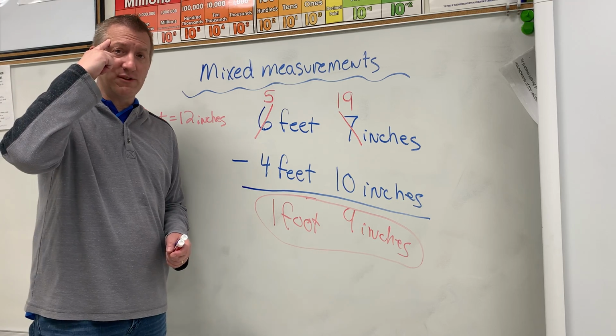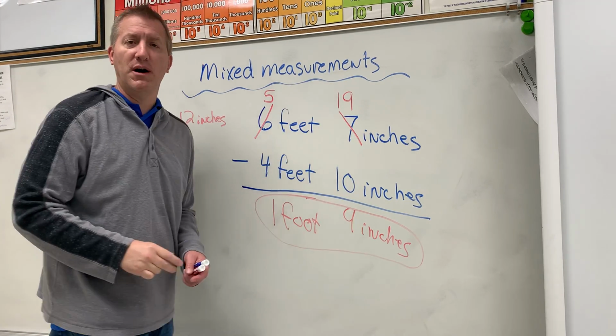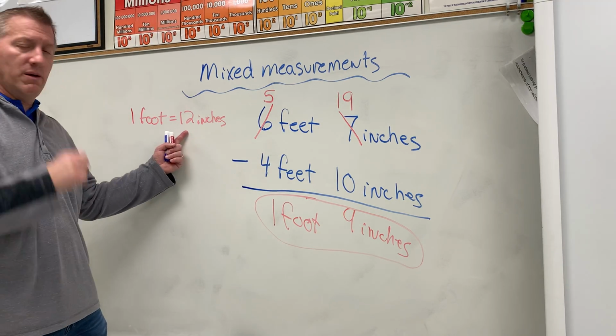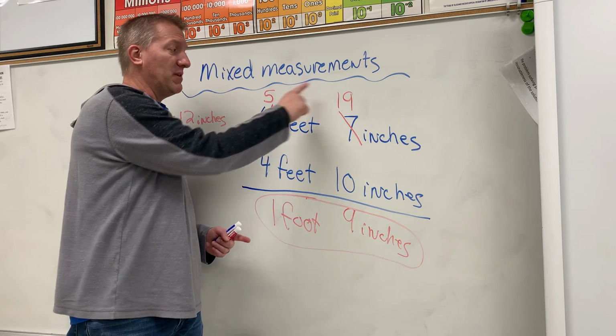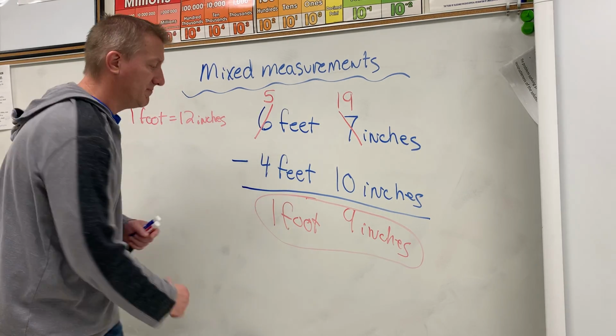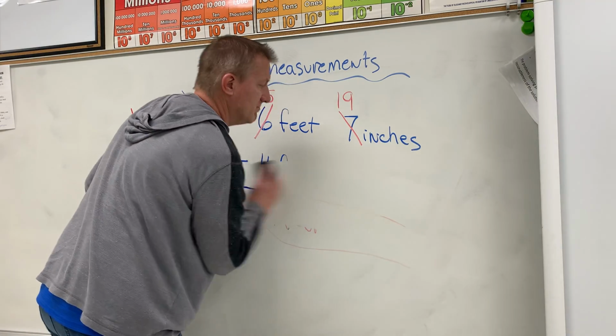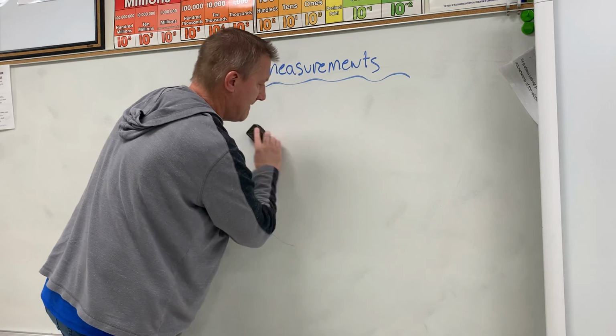The only thing you have to remember is when you're borrowing, you have to borrow the right amount. You can't just bring 10 over. So it's a little different than a regular subtraction. Let's look at another one.